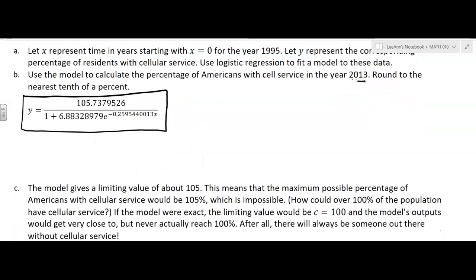Okay, so x is 18. We have then this model, so we're going to put in 18 for x. Now, one thing on this one, you want to make sure you put in this number, then you're going to put in the division, and then you need to open a parenthesis, 1 plus, and then you're going to put in all that other stuff. So after the e, it should give you another parenthesis, so you can put in that long number, and then times 18.